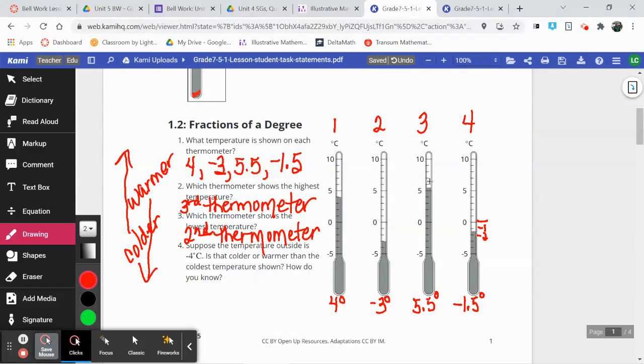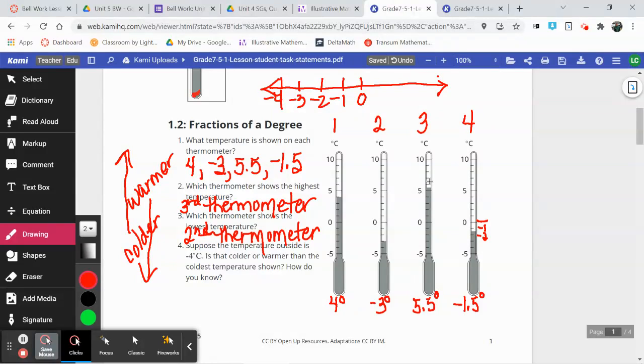So we've got -3. Remember our horizontal number line, or our vertical, doesn't really matter. Here's 0, -1, -2, -3, -4. The further to the left you go, the smaller they get, the colder they get. So, suppose the temperature outside is -4 degrees.